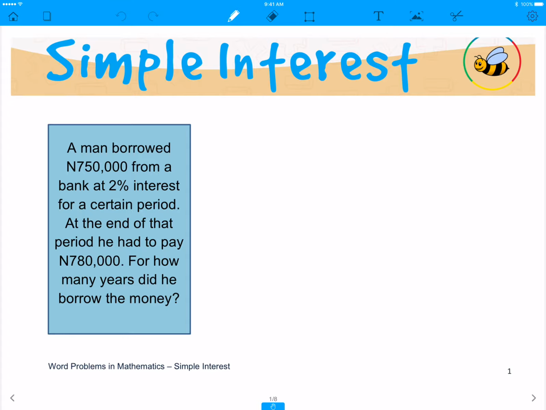We would have to deduce from the question and the information provided what the actual amount of interest was. Interest in this case being the difference between the principal amount and the ultimate amount repaid. Then we would compute the number of years that he borrowed the money.